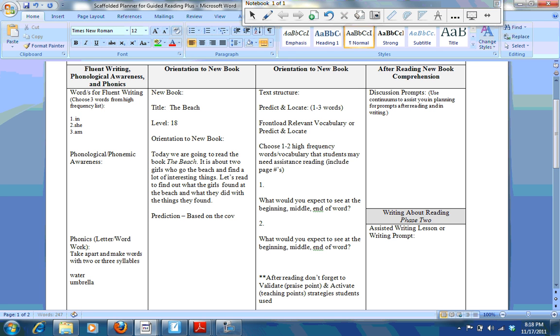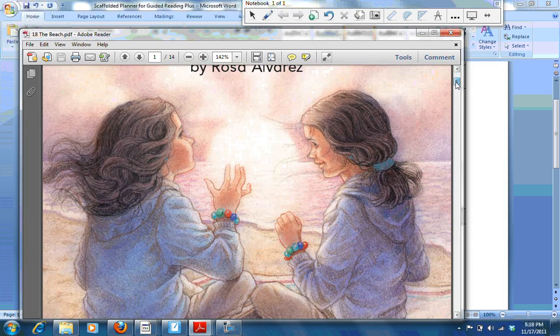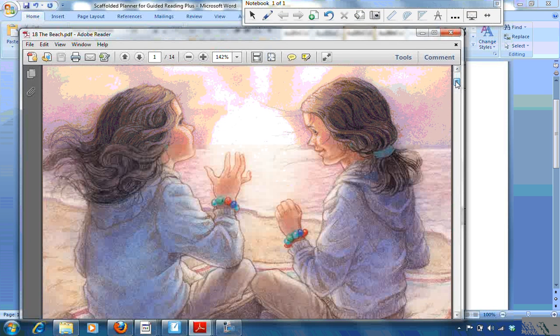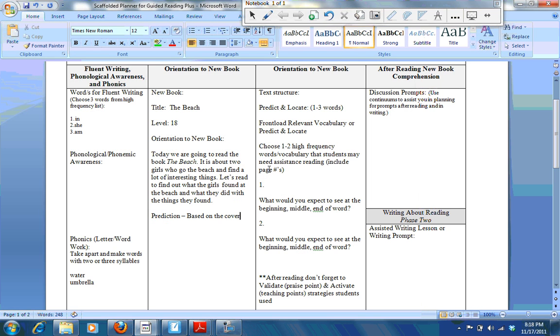Now, with this particular book, let's look at it. Go to the front. The Beach. You can't really get a lot. It's kind of hard to tell that that's a beach anyway. So that might not be something you'd want to do with this particular book, but that's something you can think of with other stories.